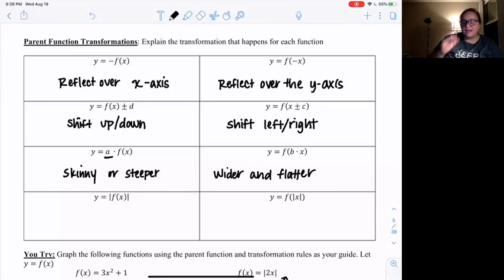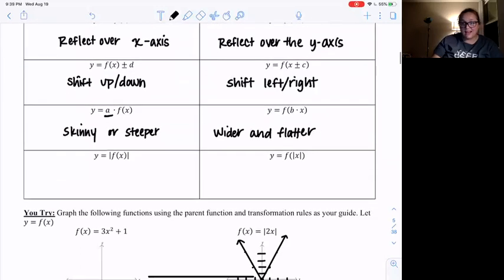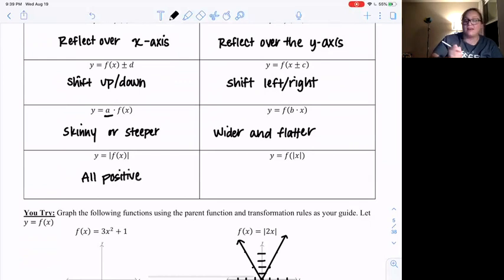Okay, now the next two specifically have to deal with what if you have an absolute value over the function versus over the specific x? Well, when it's over the function, this means it's all positive. So you only have positive y values. You only have positive outputs.